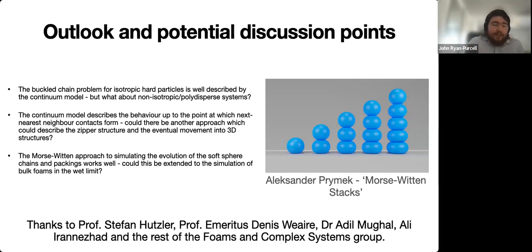The analytic results only go as far as where next nearest neighbor contacts form. And it's really beyond that point that is of interest to us now, which is where this 2D zipper structure emerges, and then these 3D structures develop. So is there a possibility of developing another approach which could describe that analytically?